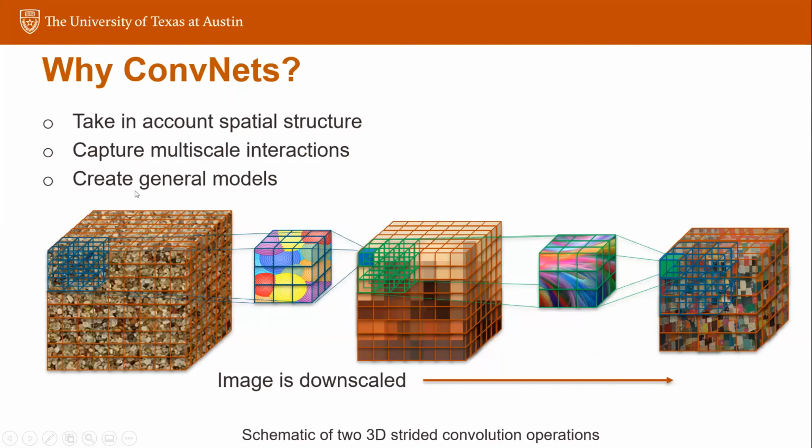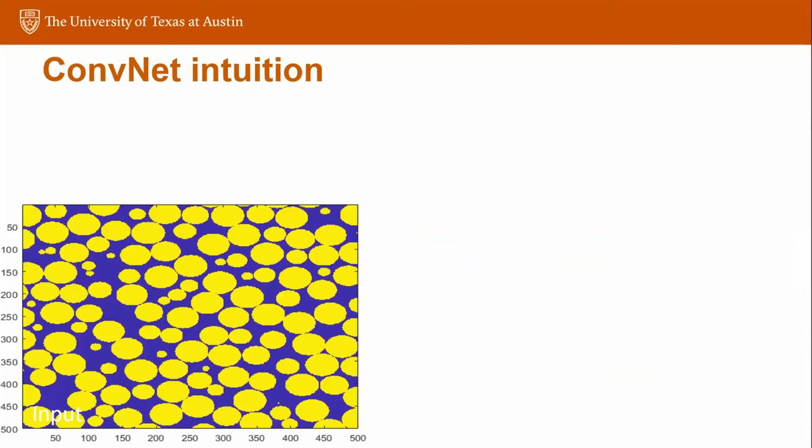Also, they capture multi-scale interactions because the first layers of the neural networks see the sample as we do, but deeper layers are able to see with a wider field of vision. And they're also good to create general models, because since we're using very tiny boxes, we can reuse them later for other samples. And if all of this sounds very obscure, I'm going to provide a more intuitive example of how these things work.